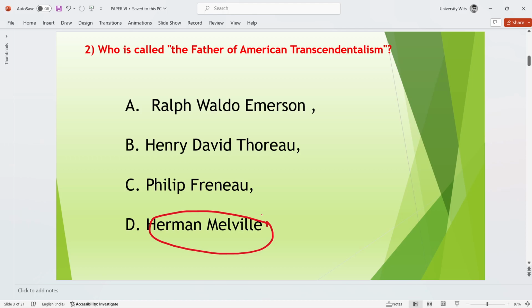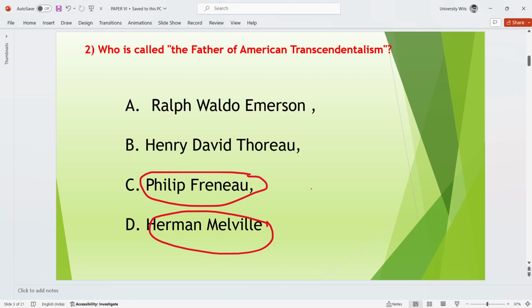That is why this option is wrong. Let's talk about Philip Freneau. He was a poet, often associated with the American Romantic movement, but he was not a transcendentalist.